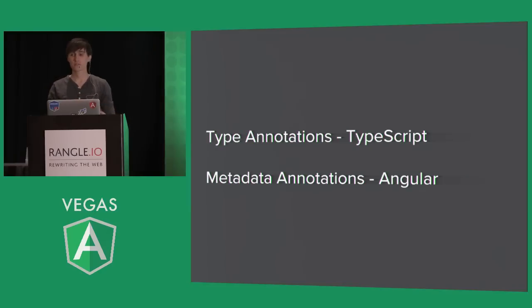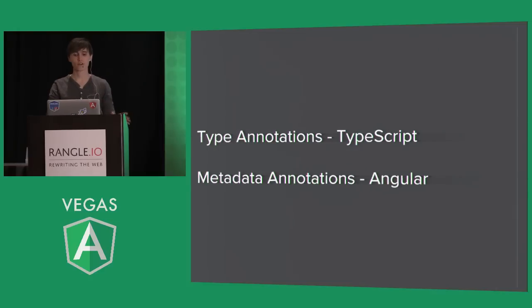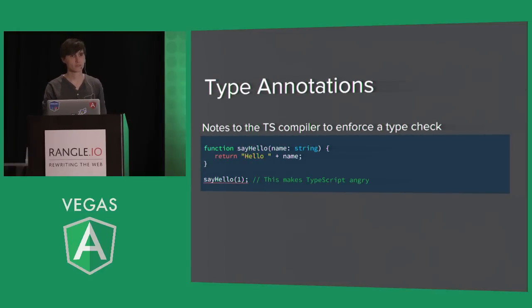They are completely different, and 99.999% of the time when someone says annotations, they're referring to metadata annotations. So when I say annotations, assume I'm saying metadata annotations, but I do want to talk about the difference between the two. Type annotations are specific to TypeScript.